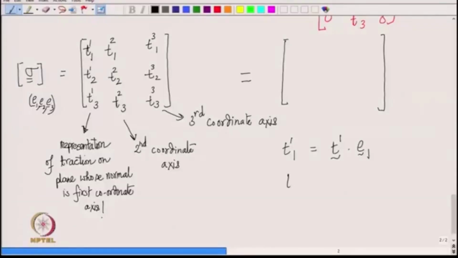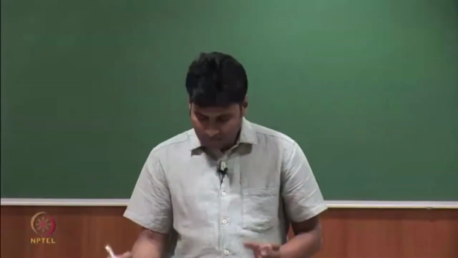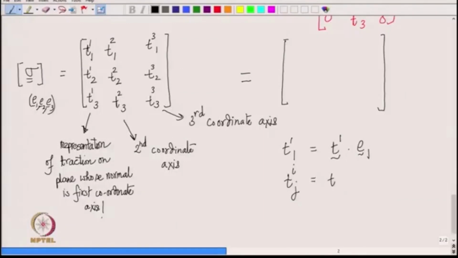So, likewise for T I j, traction on the ith plane and you find its component along E j. So, that is T I dotted with E j.